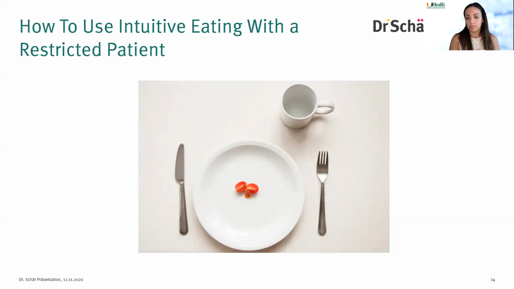So in addition to referring them to therapy, we did use intuitive eating to help improve their relationship with food and their relationship with their bodies. But again, no certifiable research. This is all just clinical experience.